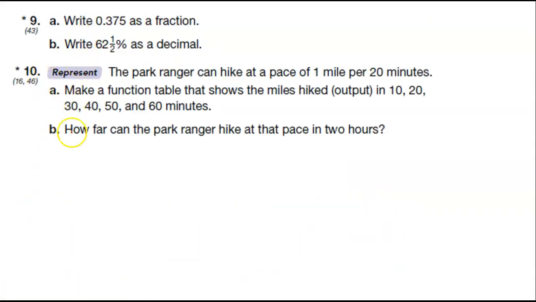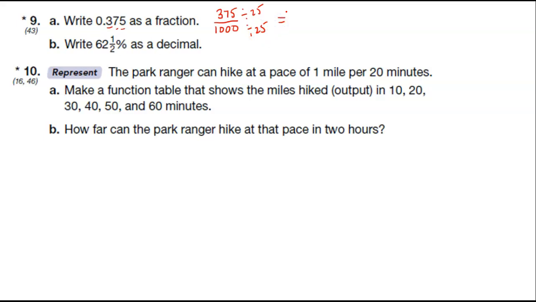Okay, write 375 thousandths as a fraction. 375 thousandths, because this is tenths, hundredths, thousandths. And then I'm going to divide by 25 because I need to reduce.